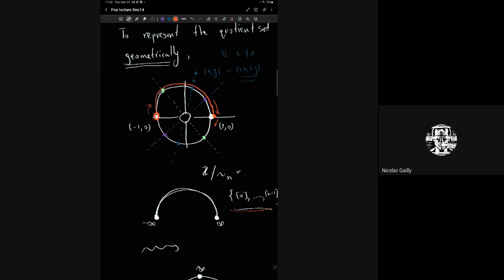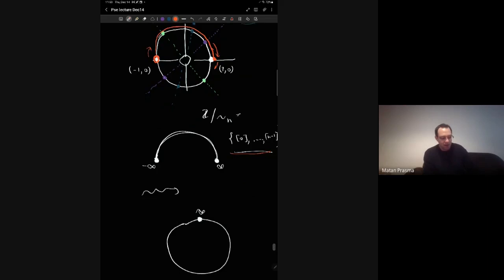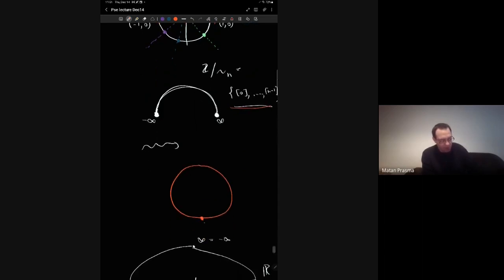Mm-hmm. Yeah. Okay, so this is why, to be consistent, you could draw it like this, and here is the new point at infinity.